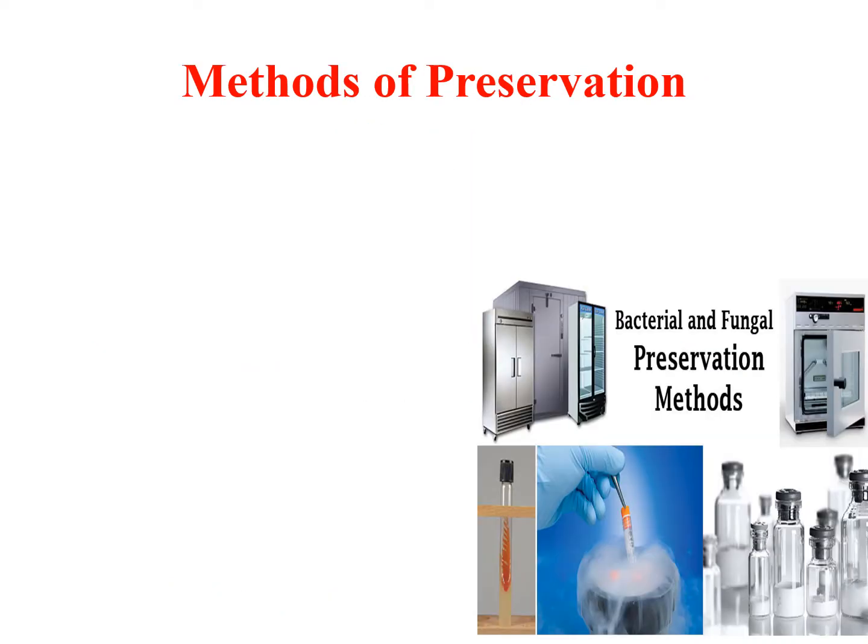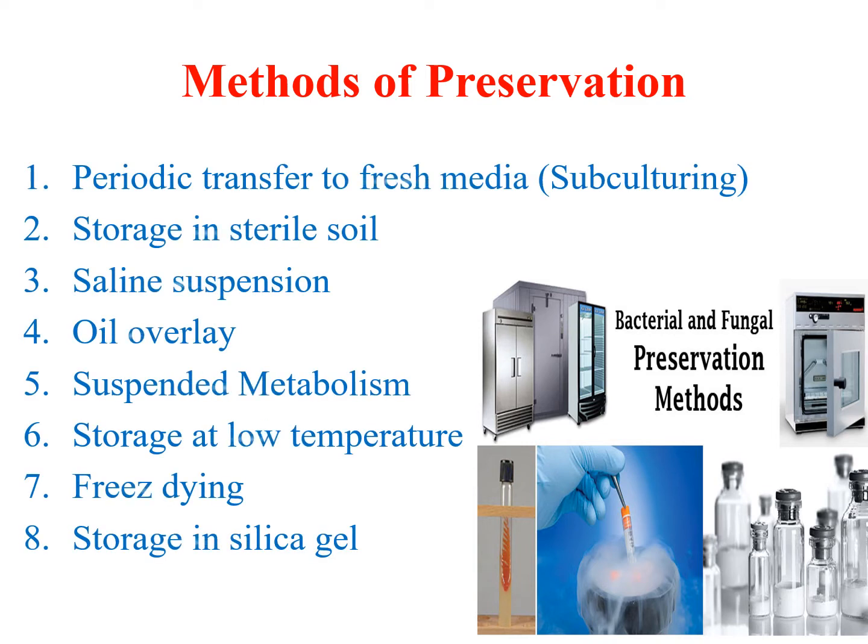There are various methods for sample preservation. These methods include periodic transfer of fresh medium. All these methods we will discuss in detail after this slide. First is the periodical transfer of fresh medium, or we can say the subculturing method. Second is storage in sterile soil condition. Third is saline suspension. Fourth is oil overlay.